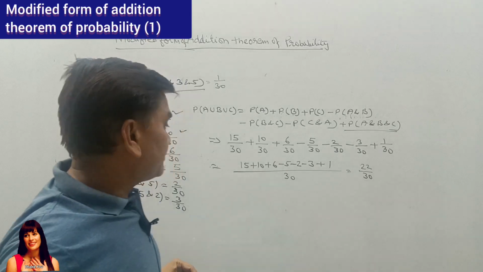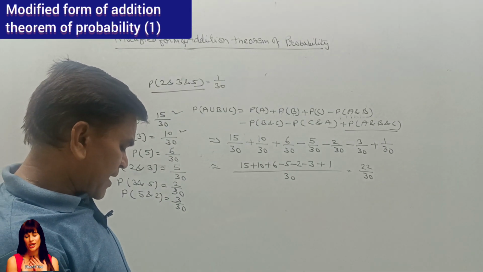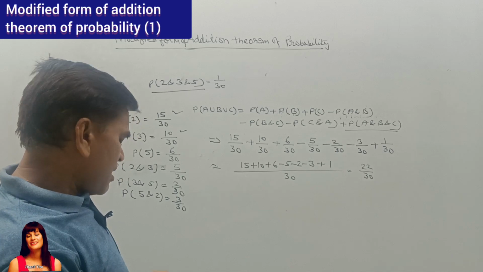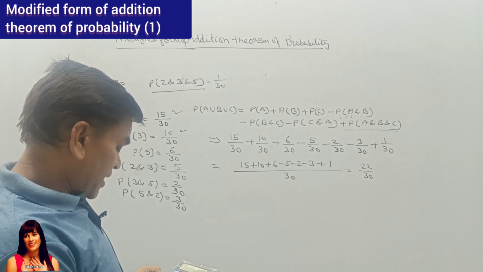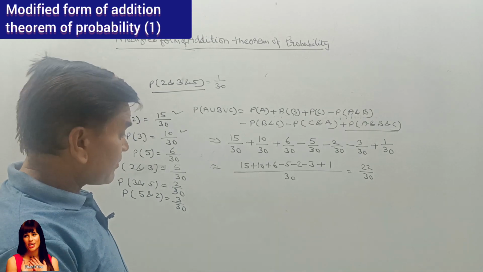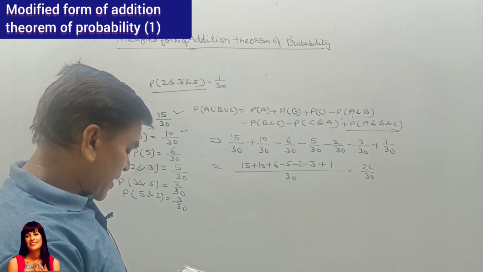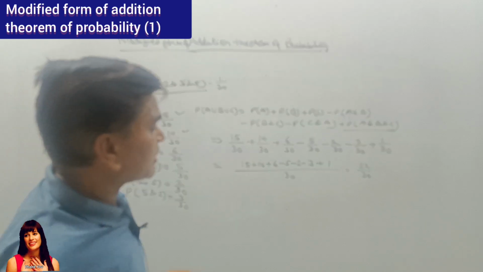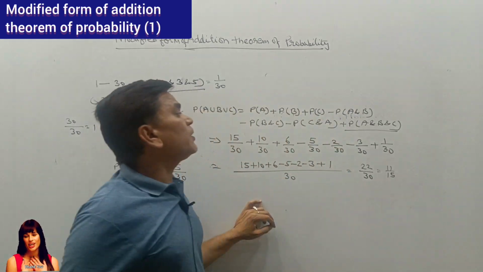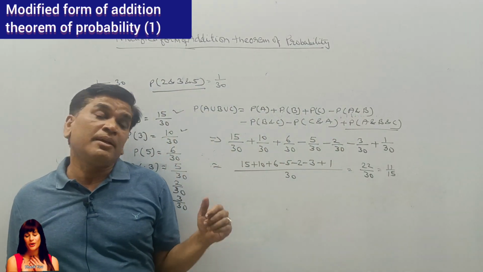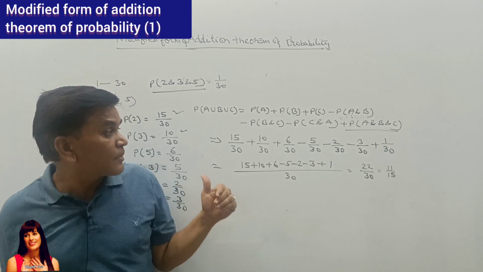Or 15 plus 10 plus 6 is 31, minus 10, plus 1, so 22 upon 30, that is 11 upon 15. So in this form we can calculate the addition form of the multiplication theorem.